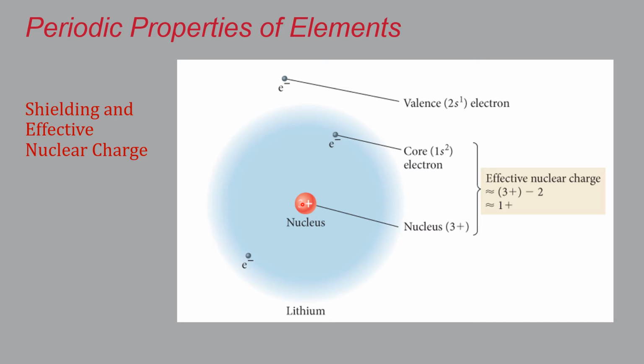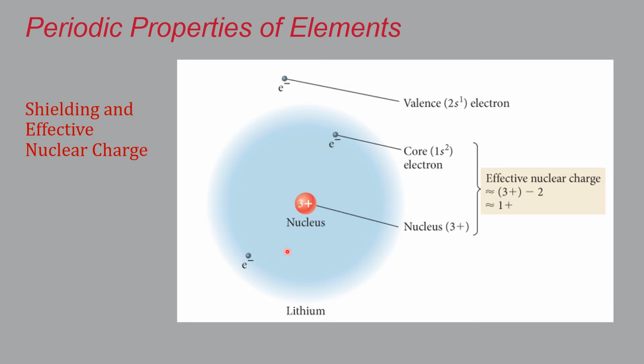And this is the idea of the shielding. In the most simplistic case, each electron that is closer in can negate 1 proton from the nucleus relative to what the outer ones are going to feel.